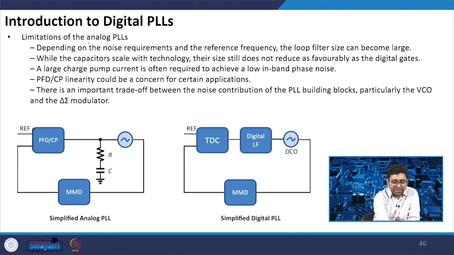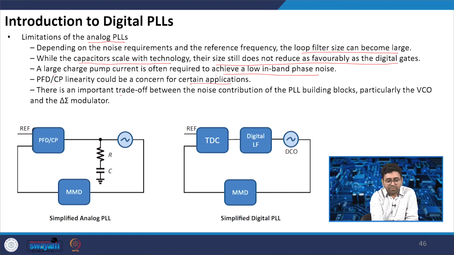So, what is the limitation of analog PLL? Depending on the noise requirement and the reference frequency, the loop filter size can be large, and the capacitor scales with the technology, but its size does not reduce as favorably as the digital gates. A large charge pump current is often required to achieve a low in-band phase noise, and phase frequency detector and charge pump linearity could be a concern for certain applications.